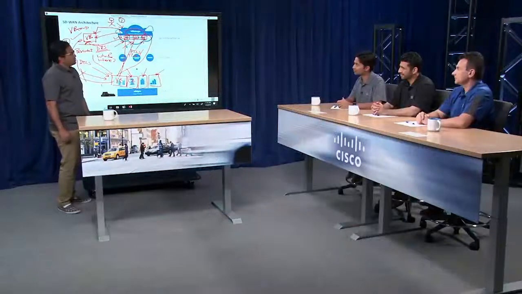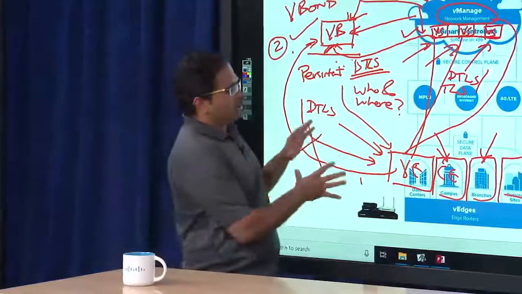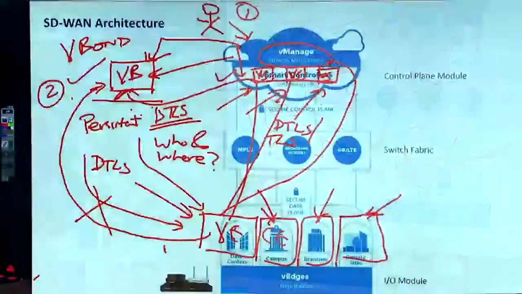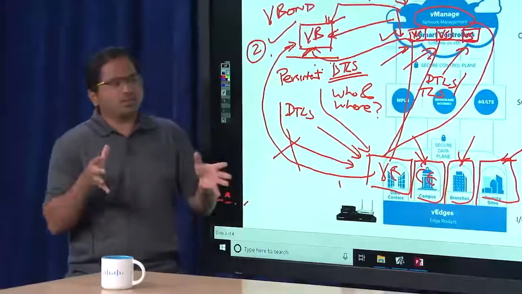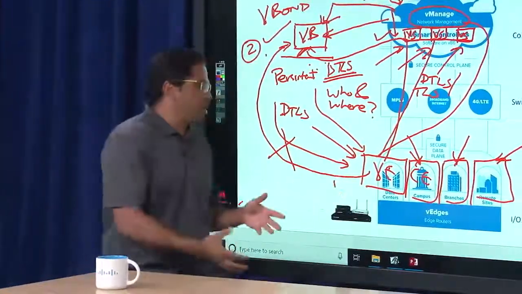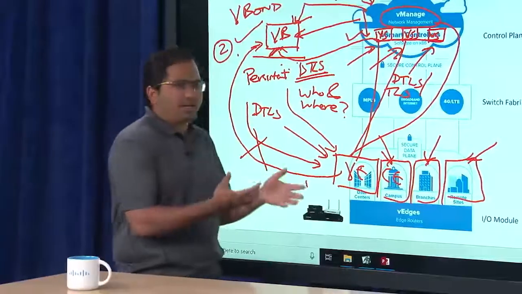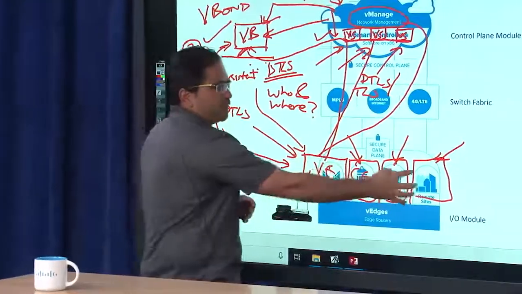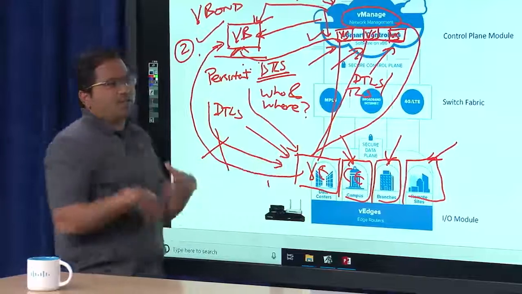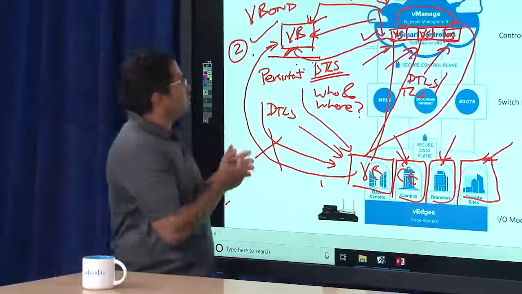So Vinay, the consumption of these services, is this hardware or is this virtualized? Okay, so all of the components on this screen can be virtualized. The only hardware component that we actually offer are the edges as well, because that's where you want to control the compute, the specifications. So if the customer actually wants a hardware appliance residing at their branch offices or data centers, we have hardware components over here, but the rest of it can run on any hypervisor, KVM, ESXi, on the AWS cloud, or even on Azure.